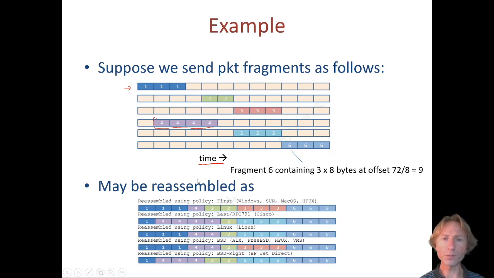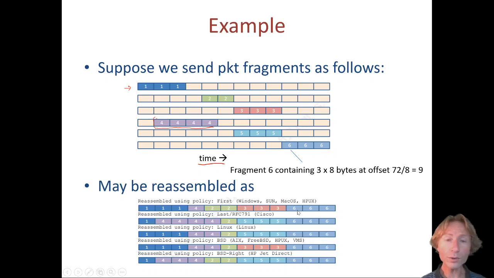We'll just continue with 4 after that. Then we have the 2 fragments here, then all 3 of these fragments, where we completely ignore fragment 5, and then we receive fragment 6 after that. All of them have 6, of course, because it doesn't overlap with anything at the end.